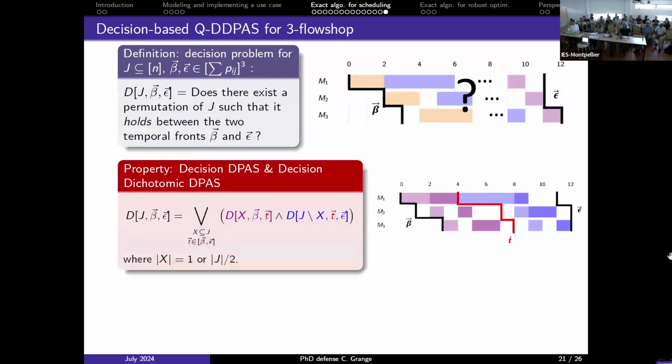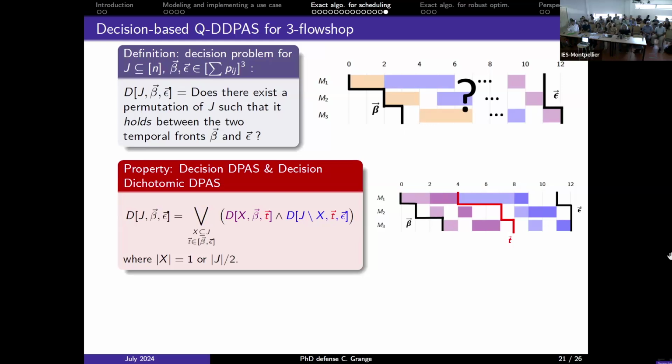And then the recurrence is the following. For instance, I will take the dichotomic version. To know the value of the decision problem on j, beta, and epsilon, we find this value by iterating over any subset x of j of size |j|/2, and for any temporal front t between beta and epsilon.